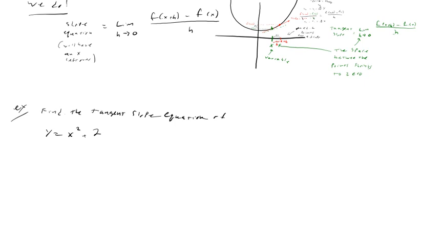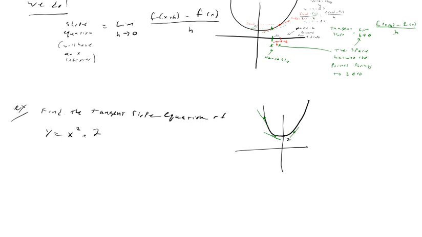So what I want is this graph, x squared plus 2, looks like this, kind of. Hold on, let me try that a little bit better. Looks like this. Here's 2. And I want to know what is the tangent slope at any point along this graph.